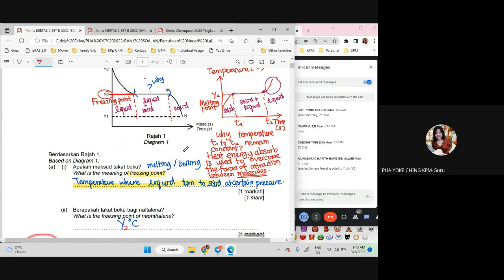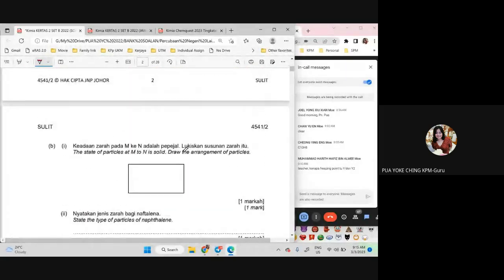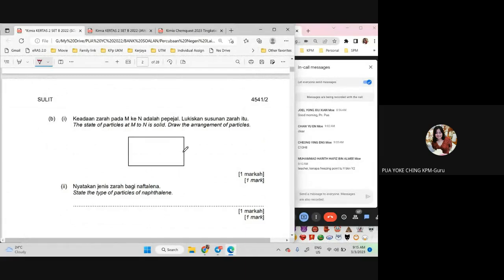Okay, so heating and cooling curve. Then it asks you to draw the arrangement of particles. When drawing the arrangement, they already tell you this is solid. When you draw solid, make sure the sizes are about the same. No need to fill the whole box.